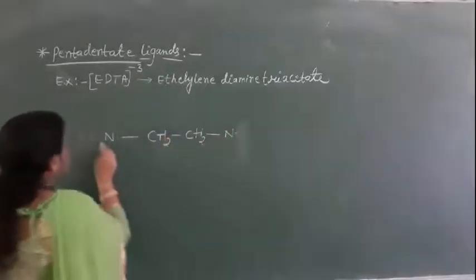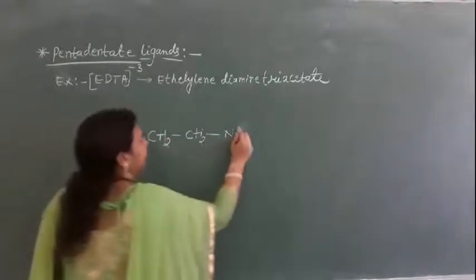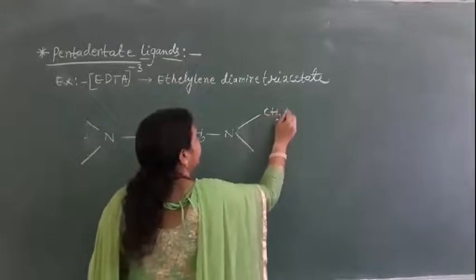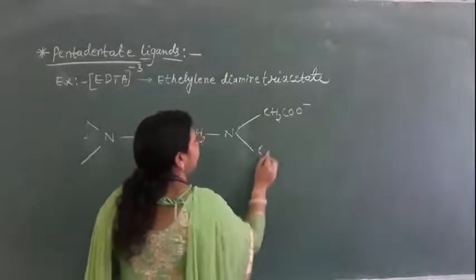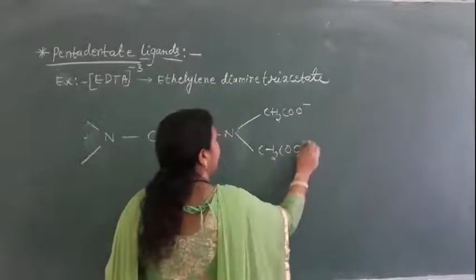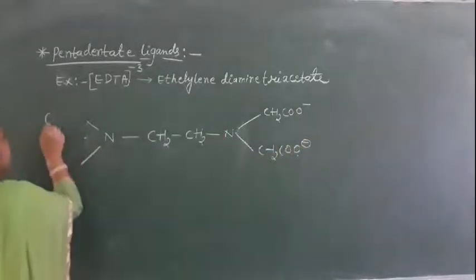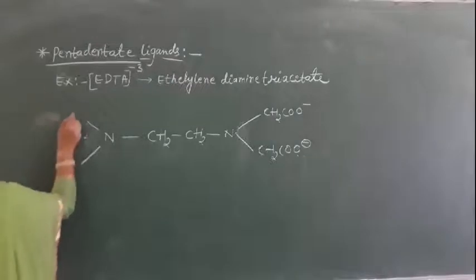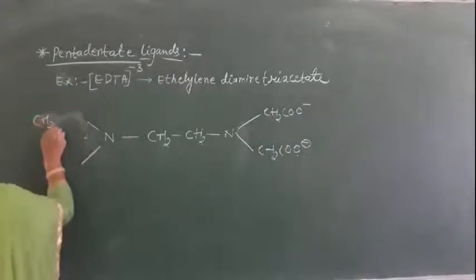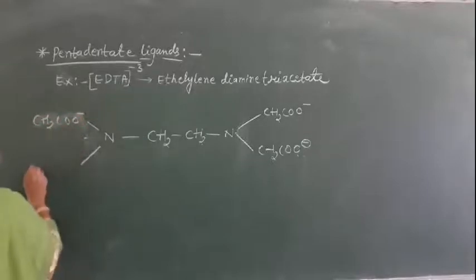So just remove one hydrogen, and in place of that add CH2COO, our acetate ion. CH2COO minus, acetate ion here. Okay. So how many ions? CH2COO minus, and here will come CH2COOH only.